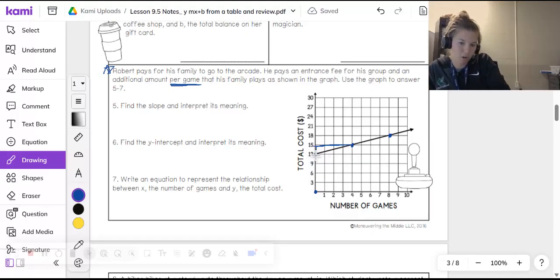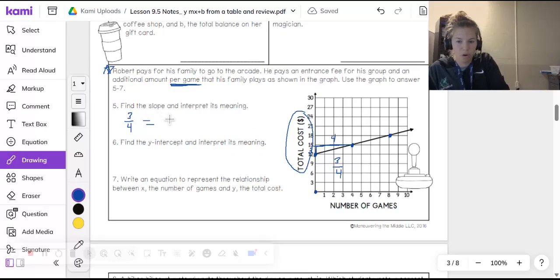So we can see here to go from 12 to 15, I increased my cost by $3 for every 4 games I play. So my slope here is 3 over 4, and it is a positive slope. It says find the slope, and we found the slope. It's 3 over 4. What that means is the increase was 3 in dollars, because you can see the y-axis has the total cost.